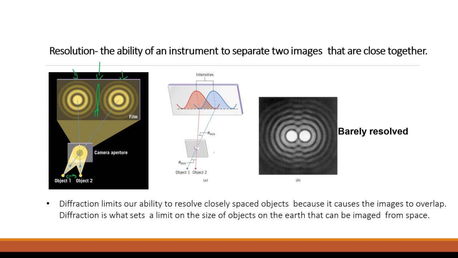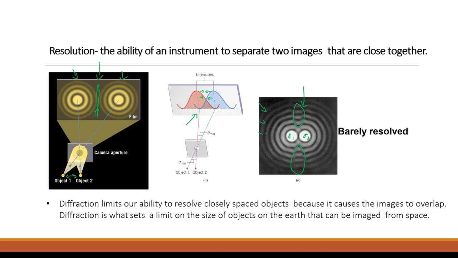But if you bring them closer together, they start to overlap. And if you bring them even closer together, all these points start to interfere with each other, and you get something like this, where now you have interference between the two patterns. This is object 1 and object 2.